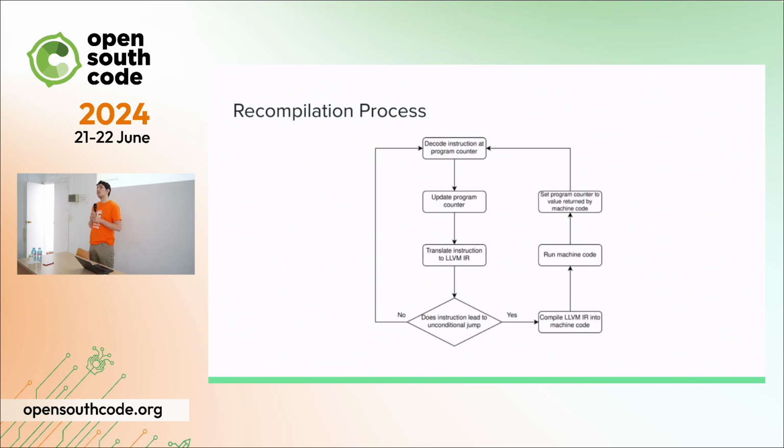For regular instructions, we keep doing this process over and over again, but whenever we reach an unconditional jump, so that whatever the case, we are going to jump to a different part of the program, we stop doing this process, and we tell LLVM that we're done recompiling and that it should now translate that LLVM IR into machine code. So it does that, and it runs that machine code.